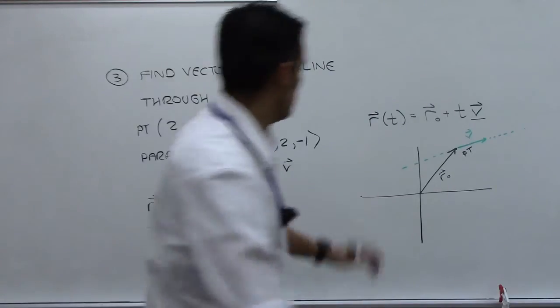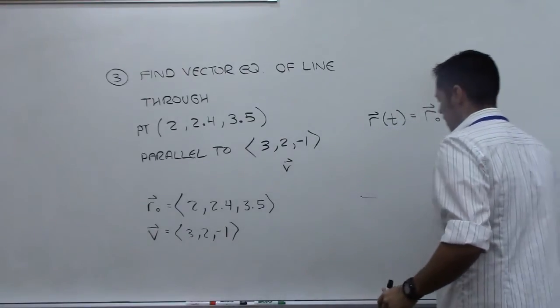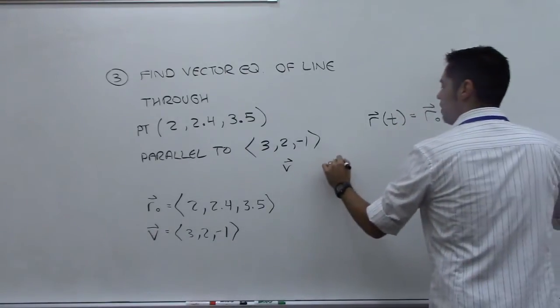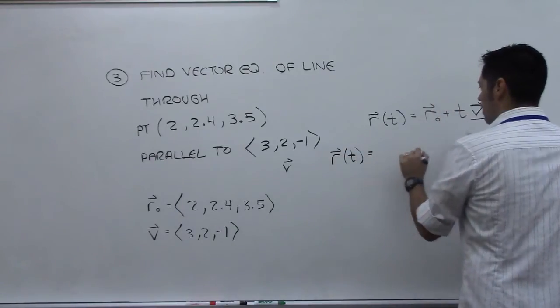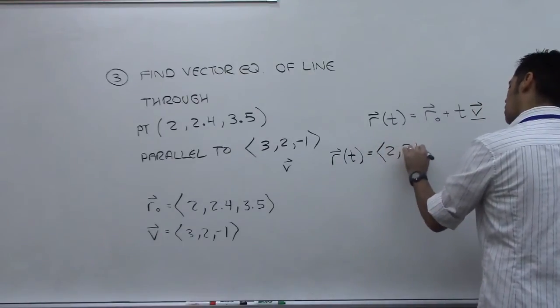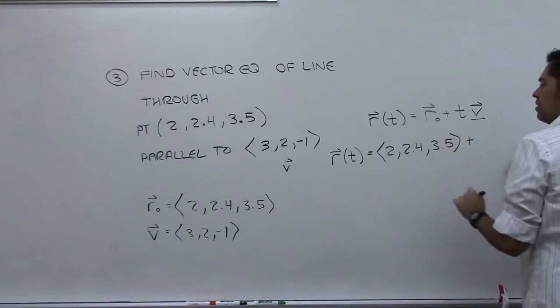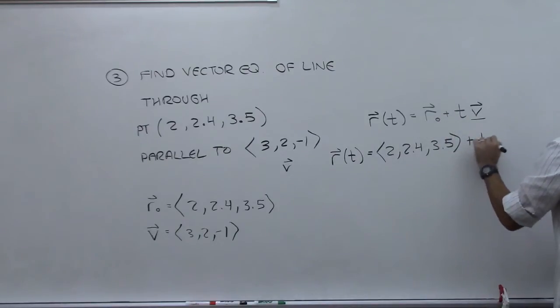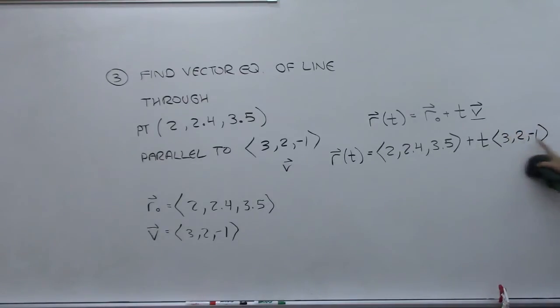So now I come over here to write down the vector equation. The vector equation is going to be r of t equals r naught, (2, 2.4, 3.5), plus t times the direction vector (3, 2, -1). I'll distribute the t through.